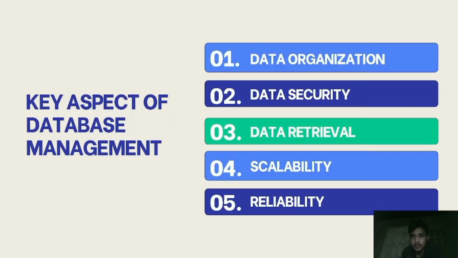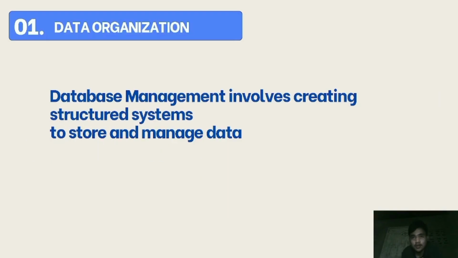So here are the key aspects of database management. We have data organization, data security, data retrieval and analysis, scalability, and reliability. First, data organization. Database management involves creating structured systems to store and manage data.